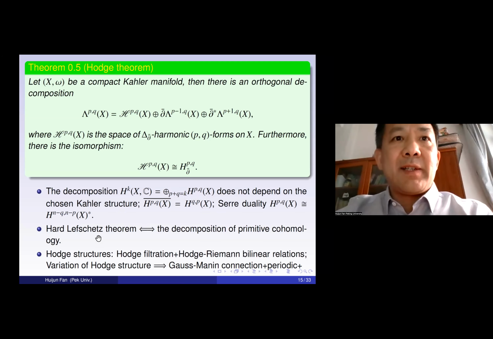We also have the Hard Lefschetz theorem, which gives the decomposition of primitive cohomology. With all the structures here, we can get a so-called Hodge structure on X. A Hodge structure consists of the Hodge filtration given by this decomposition, plus a pairing given by the Hodge-Riemann bilinear relations.